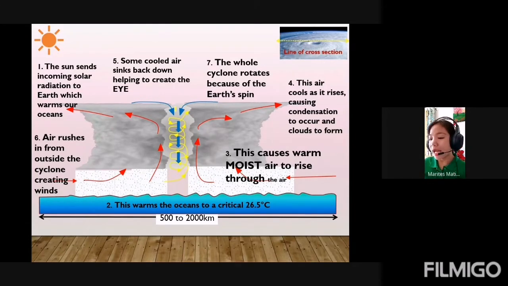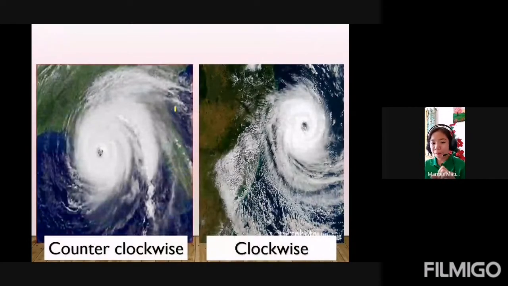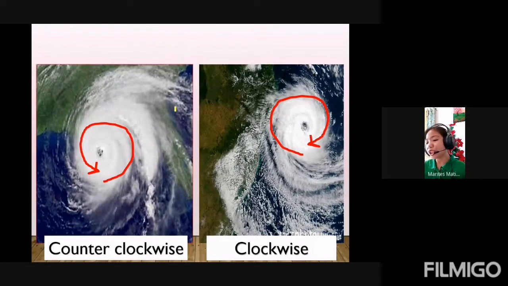But take note, children, the direction of wind is different in the northern hemisphere and southern hemisphere. Clockwise or counterclockwise? In the northern hemisphere, what's the direction of the wind? Is it counterclockwise or clockwise?